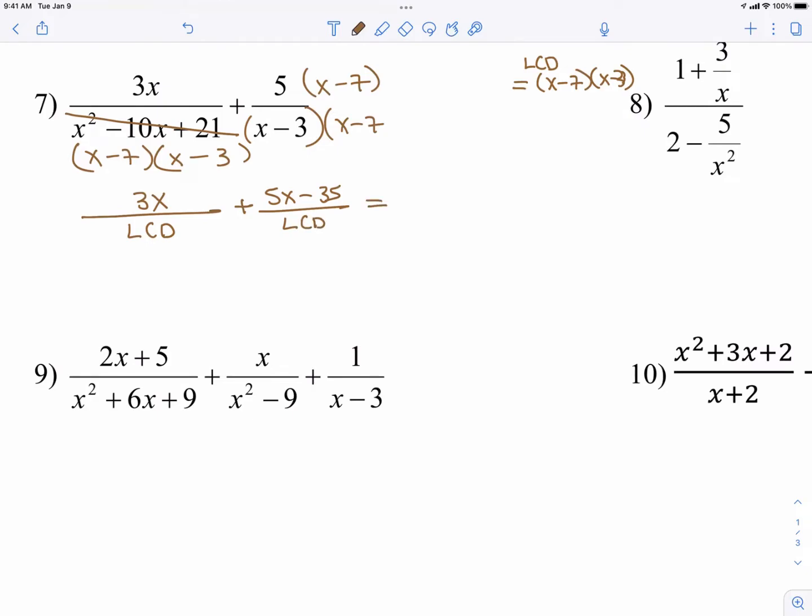And now we can combine like terms, so we'll add 3x and 5x together, and that's going to give us 8x, and we also have the minus 35 on the end, over our LCD, which is x minus 7 times x minus 3. All right, we cannot factor the numerator anymore, so this is our final answer.